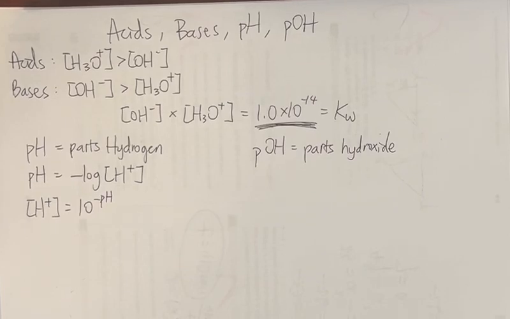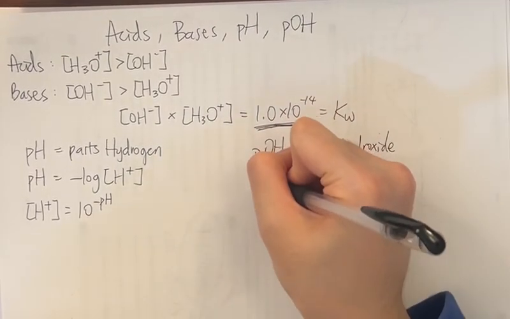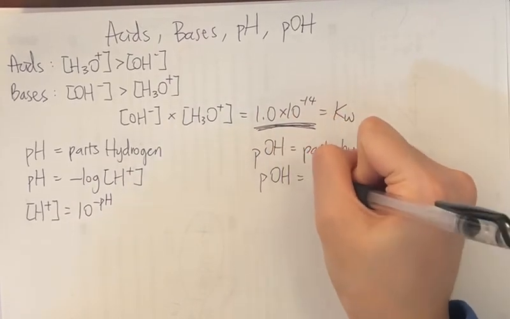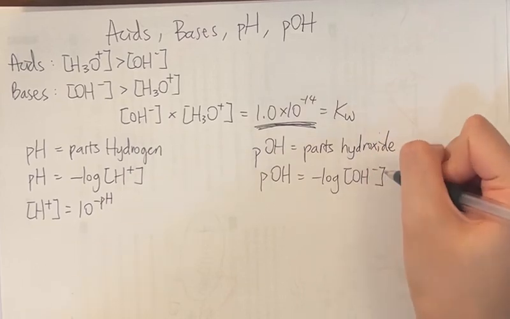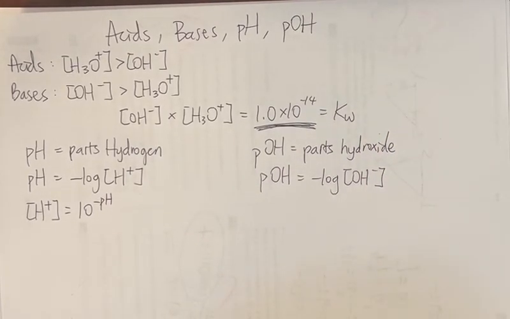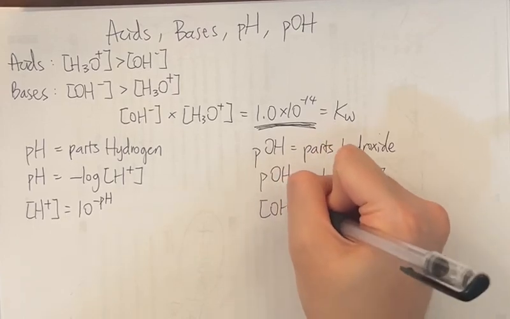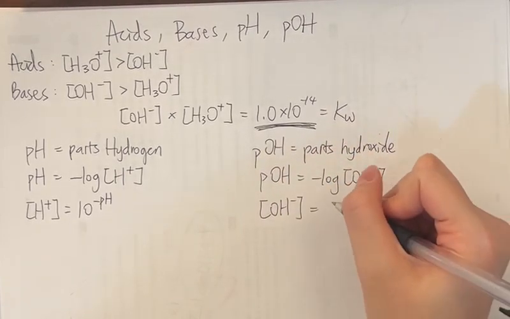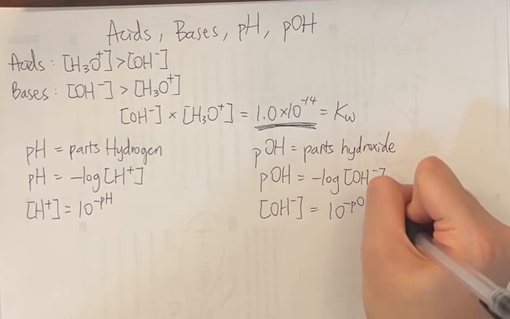And for the pOH, which stands for parts hydroxide, it's going to be negative log of OH minus. Basically the same thing, but the values you plug in are different. Using the same math, the concentration of hydroxide will be 10 to the negative pOH.